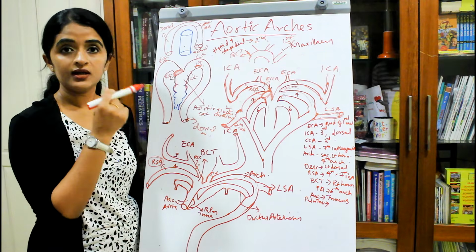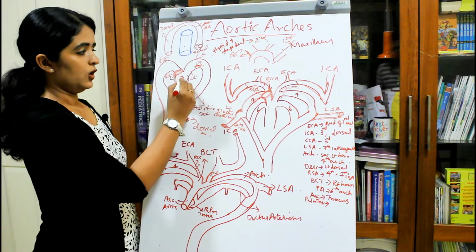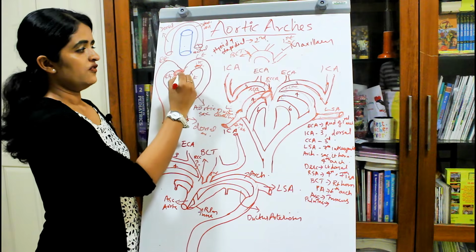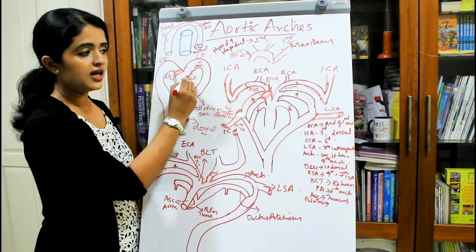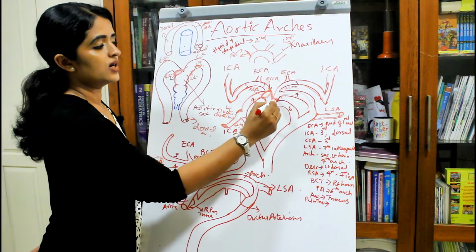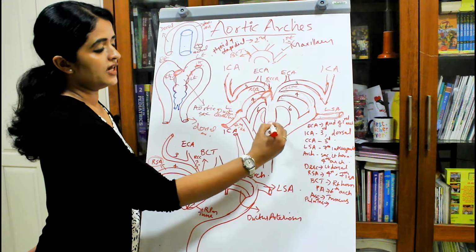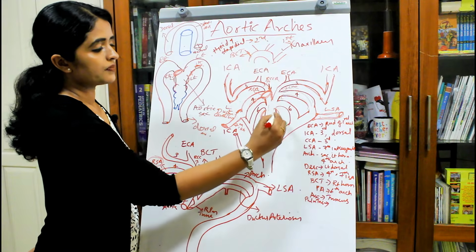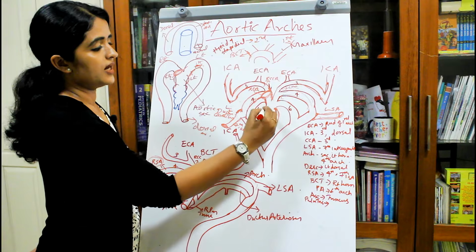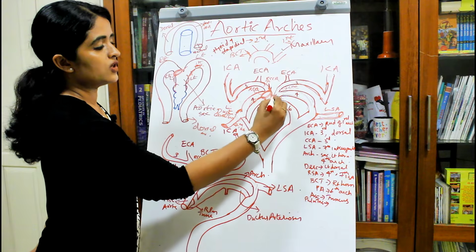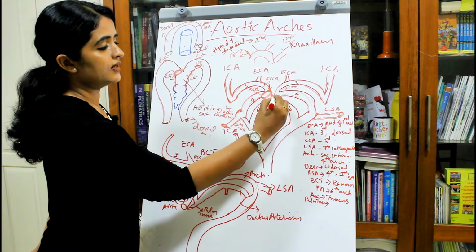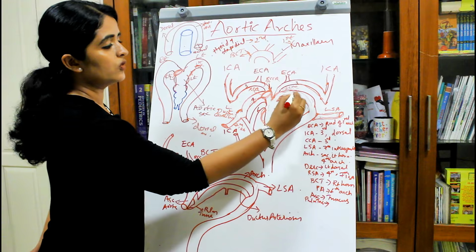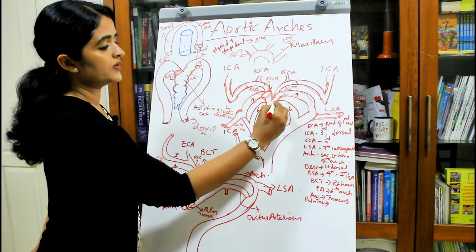So the arch of aorta is derived from the left horn of the aortic sac, as well as the fourth arch artery. So you have the aortic sac here, you have the left horn of the aortic sac here, and you have the fourth arch artery. Clear?